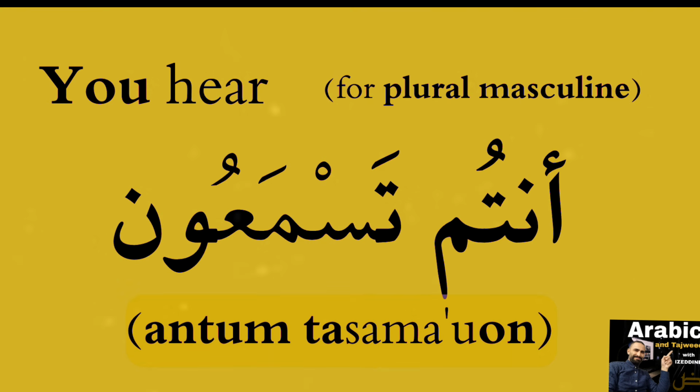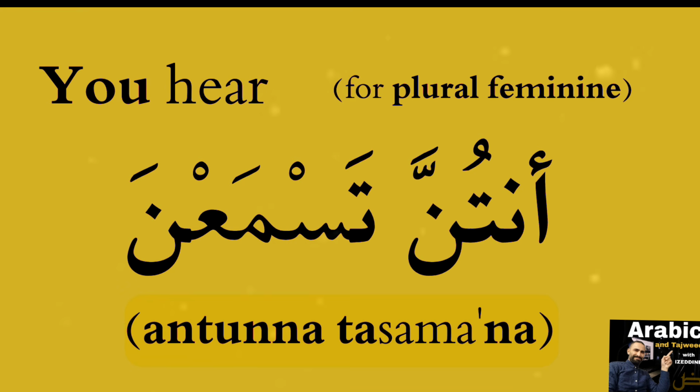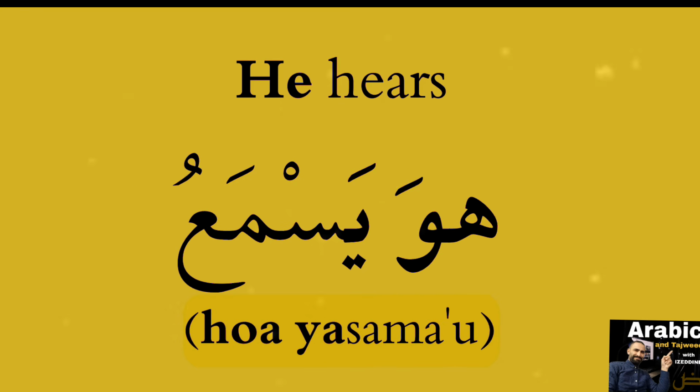That is to say, three males or more, okay? When we say plural, it's three or more. أنتم تسمعون. For plural feminine, females, أنتن تسمعن. I'm talking to females. I say أنتن تسمعن.